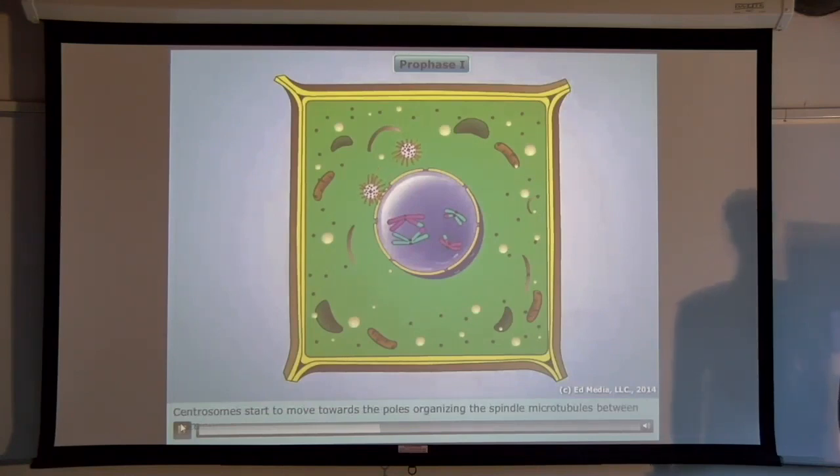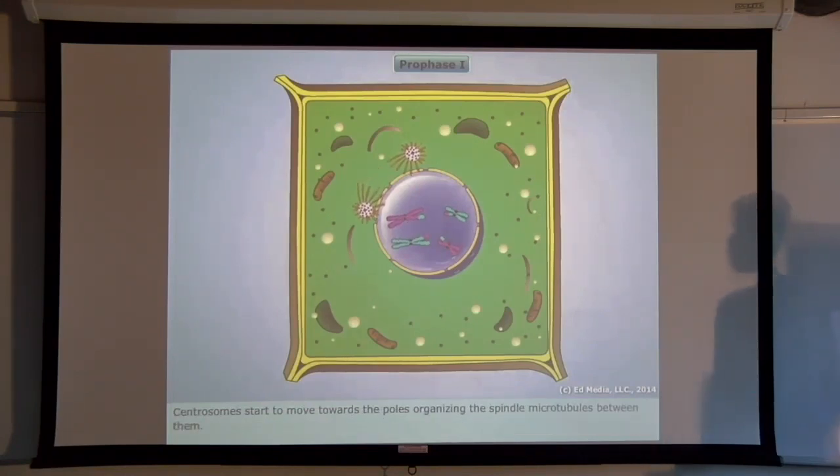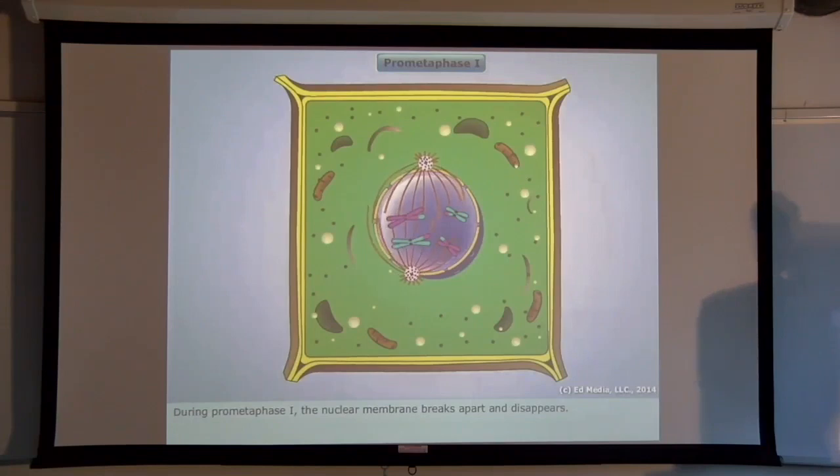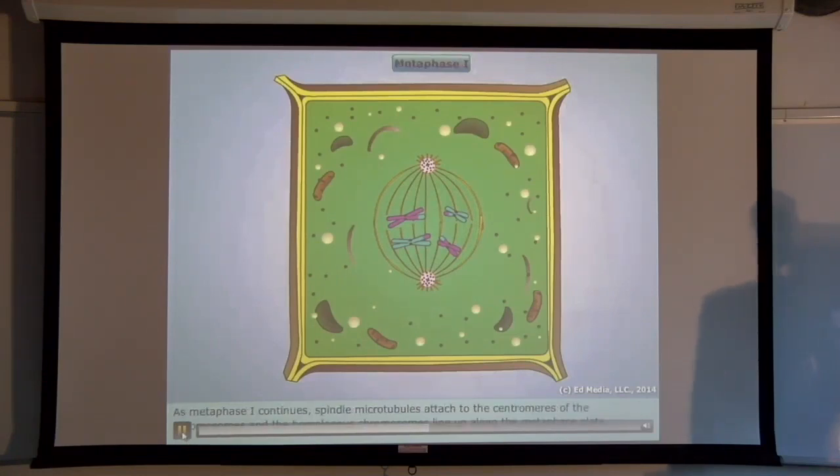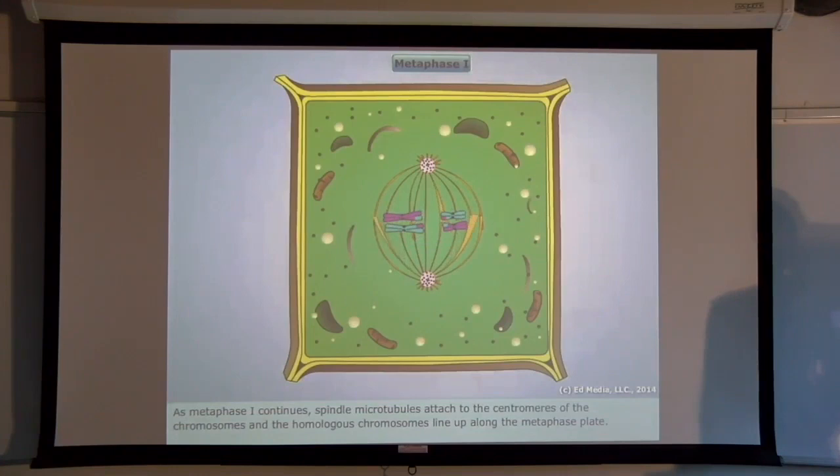The centrosomes start to move towards the poles, organizing the spindle microtubules between them. During prometaphase 1, the nuclear membrane breaks apart and disappears. As metaphase 1 continues, spindle microtubules attach to the centromeres of the chromosomes, and the homologous chromosomes line up along the metaphase plate.